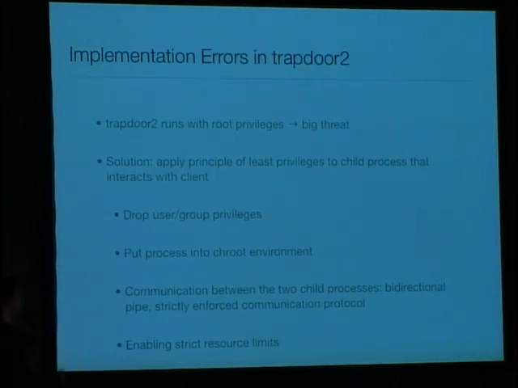That means you need to drop the user and group privileges. You need to put the process in a change root environment so that there is no possibility to interact with the environment of other processes with possibly higher privileges, and that this unprivileged process has no access to a usable file system.